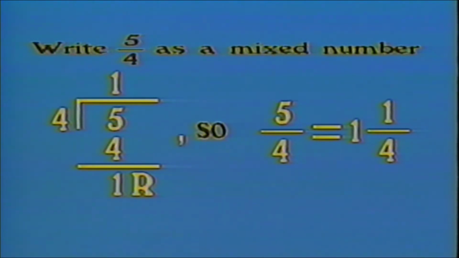Oh, is that wrong? No, but you can also give the answer as a mixed number. Divide 5 by 4 and get the answer 1 plus 1/4. The improper fraction, 5/4, and the mixed number 1 and 1/4 are both correct answers.